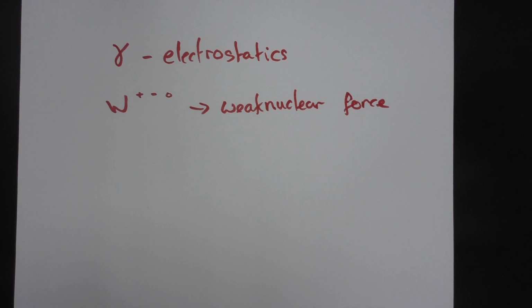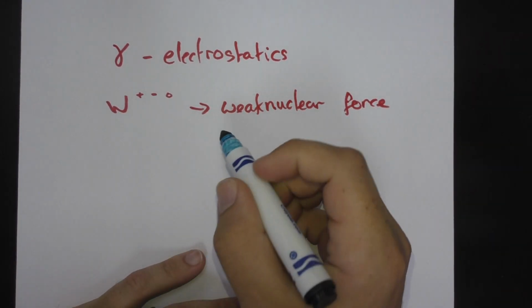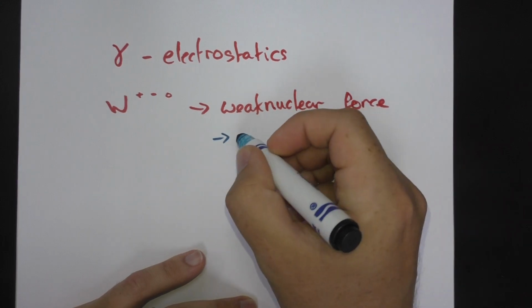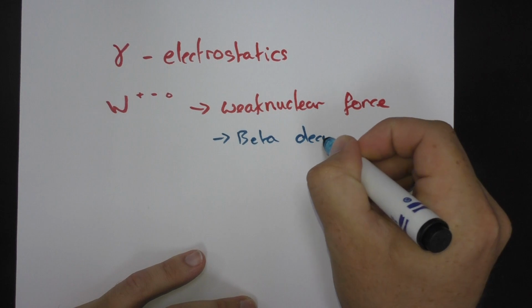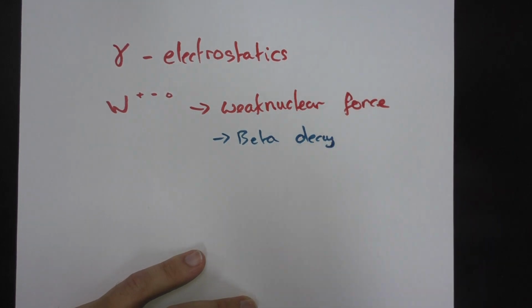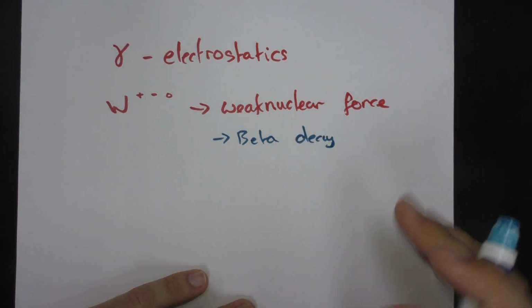So what is the weak nuclear force and where does it occur? Well, it occurs very specifically with beta decay, which hopefully you're going, oh yes, I remember beta decay. I remember that now very clearly. Excellent, no problems.